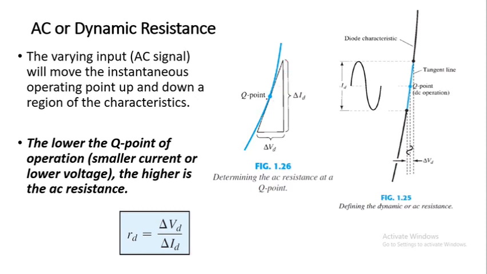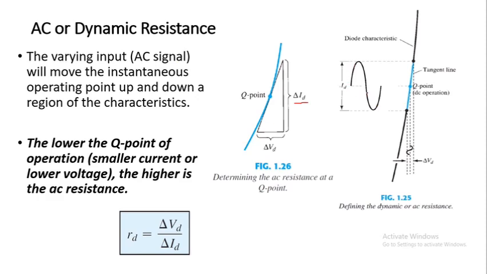That will give us some higher value of VD and lower value of VD, and some higher value of ID and lower value of ID. We take the difference of the higher and lower values of ID, which is delta ID, the change in ID due to the application of the AC signal, and correspondingly the change in VD due to the application of this AC signal.